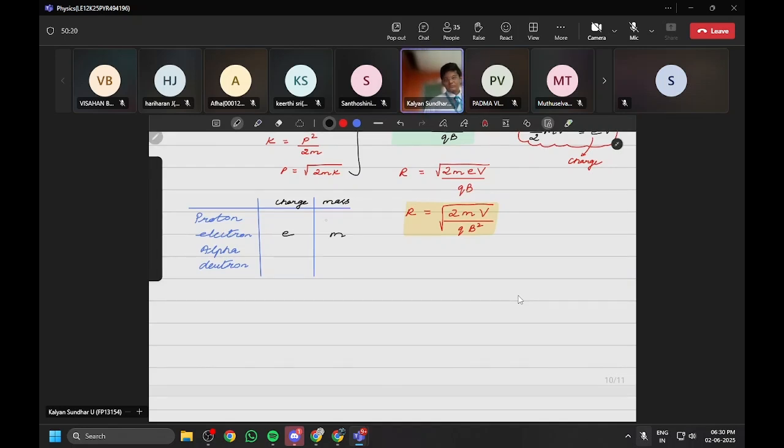Oh wait, mass of proton. So e, and next comes your mass of proton and alpha particle in terms of proton. What is the charge? 2 times, 2e. So this will be 2 times the e, and the mass will be 4 times the mass of the proton.